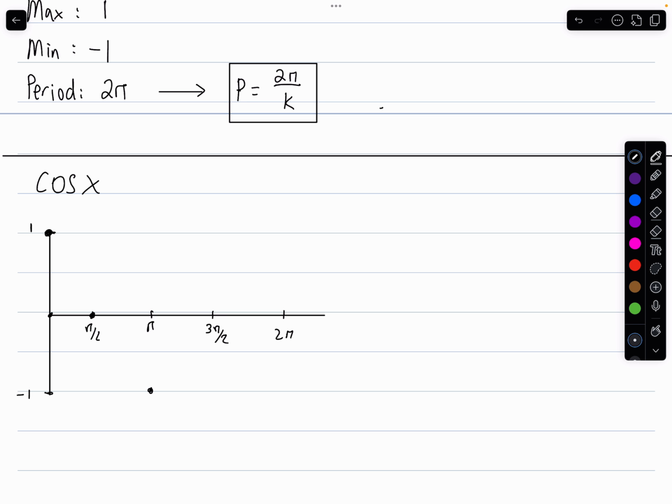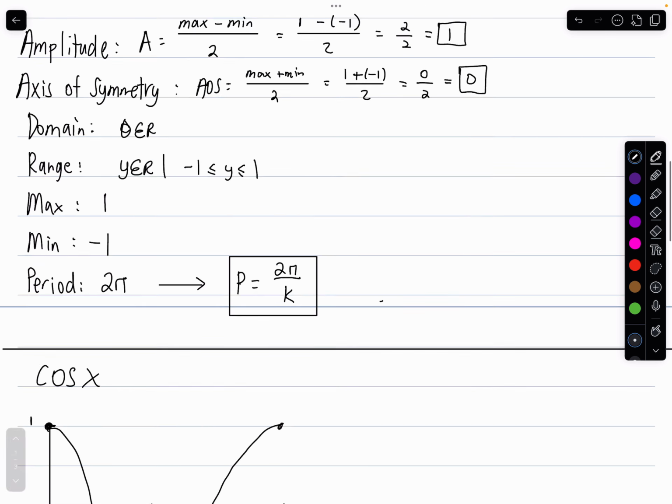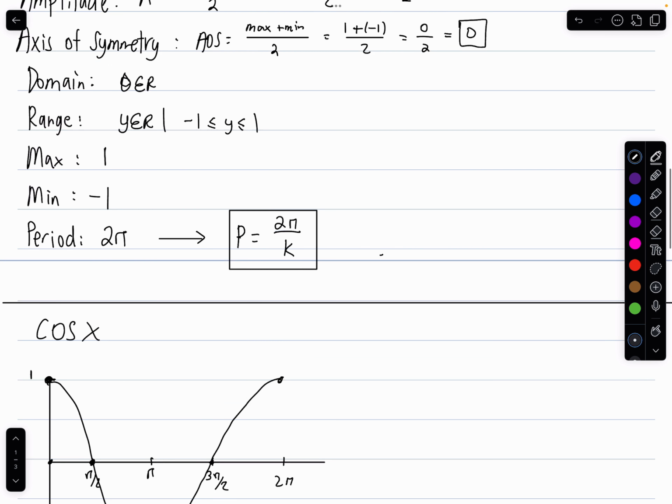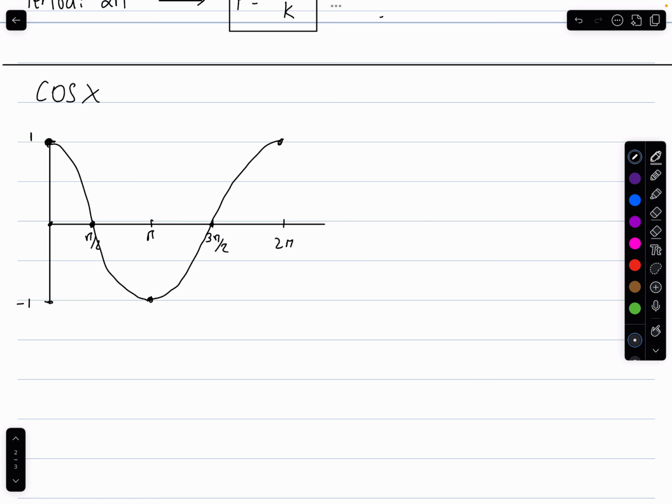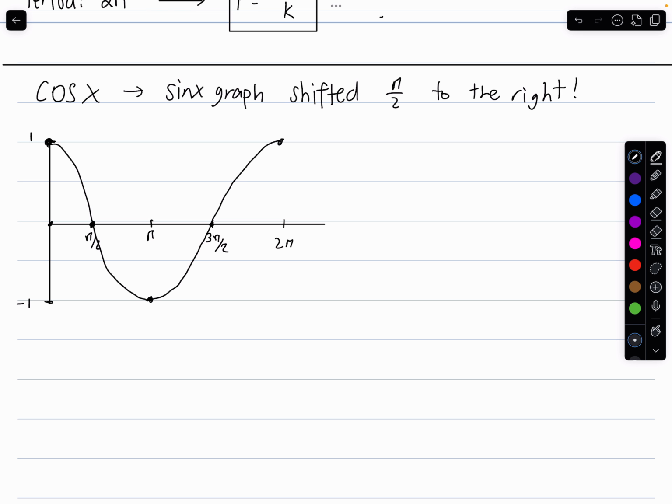So we start up here, and these are the 5 points that we go through. It kind of looks like the sine, but it's shifted pi over 2 to the right. So this is something to know: the cos graph is literally just the sine x graph shifted pi over 2 to the right.